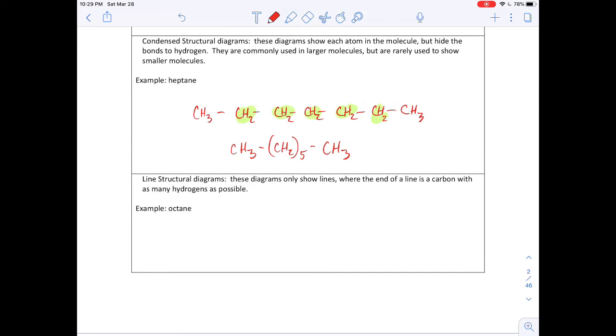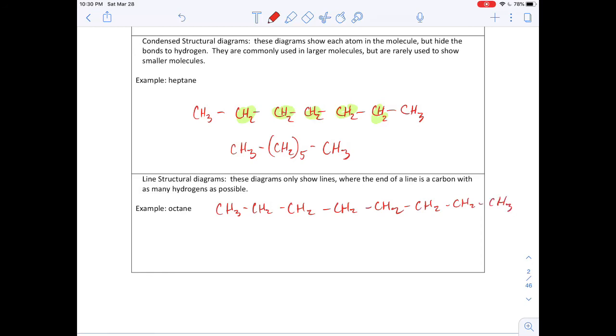Line structural diagrams are a different way of showing it, because the end of each line is a carbon and the line represents a bond. Octane, if I was drawing the condensed structural diagram, is going to be a mess: 1, 2, 3, 4, 5, 6, 7, and then the 8th one. Even that's a lot to draw.